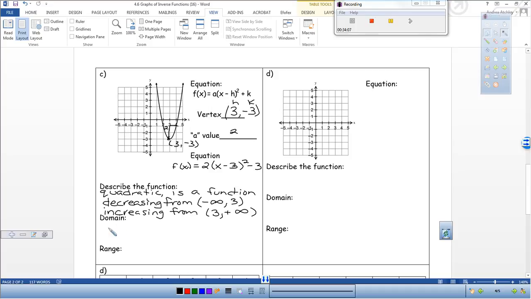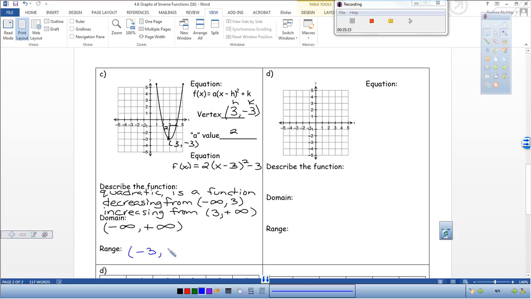Okay, the domain of this function, again, parabolas can get wide forever. Okay, they will go forever wide. The domain for a parabola facing up or down will be negative infinity to positive infinity. The range is going to be different because it has an end or a starting point and it goes on forever in one direction. Okay. So what's the lowest this graph will go? Negative 3.